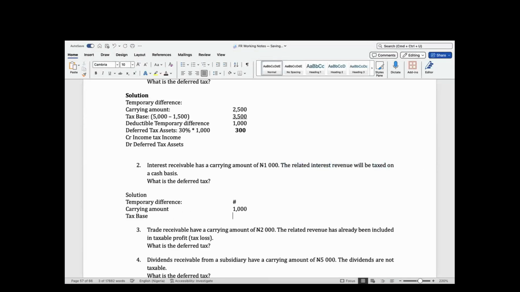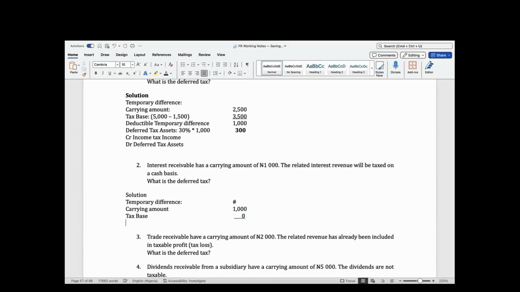So for that reason, this is going to be 0. The tax base is 0 because the taxman is not going to tax it. So I'm going to be having a temporary difference of 1,000.